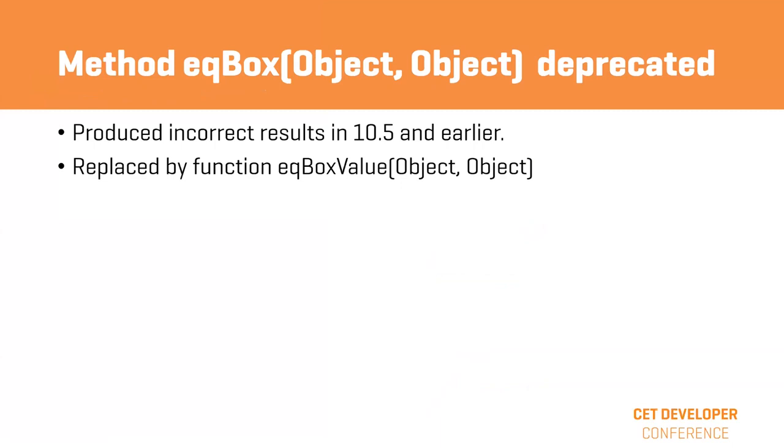So we have a few corrections. In this case, it's a method that didn't work well that has been deprecated. It was the equal method for boxed values.